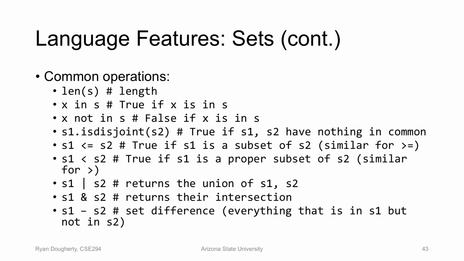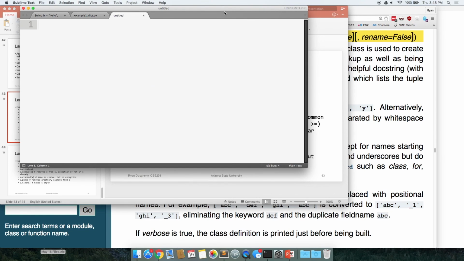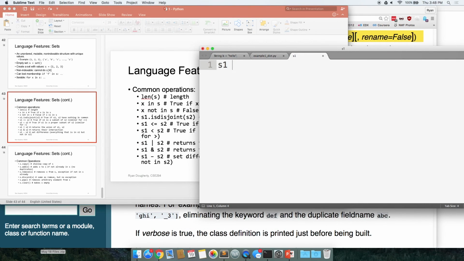Set difference returns a set that has every element that's in S1 and not in S2. So what this is effectively doing is, S1 minus S2 is equivalent to saying: if x in S1 and x not in S2.